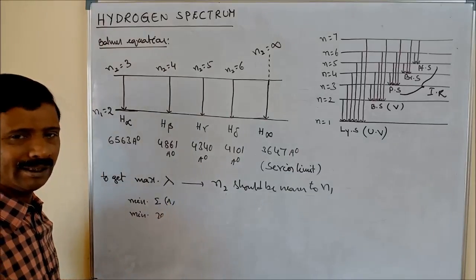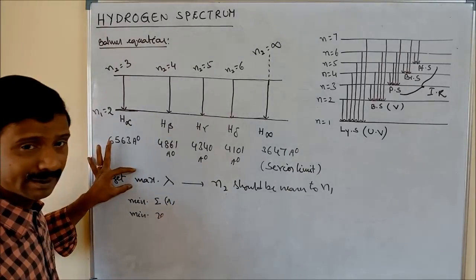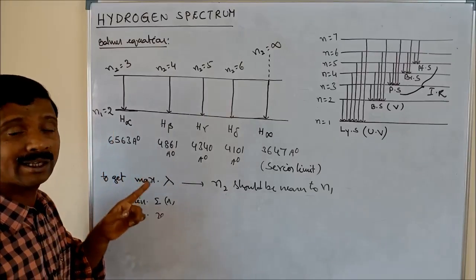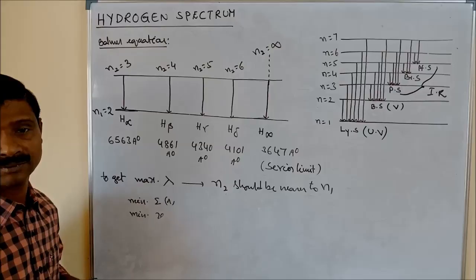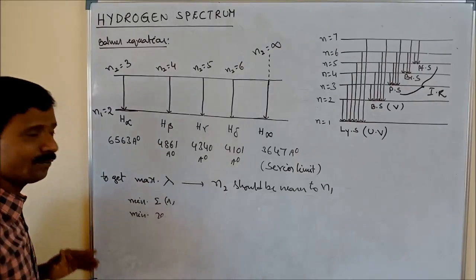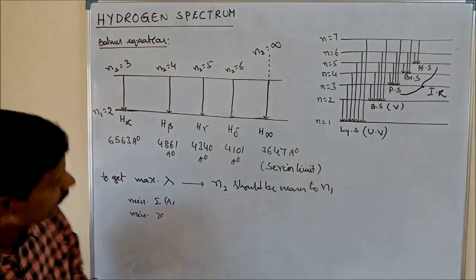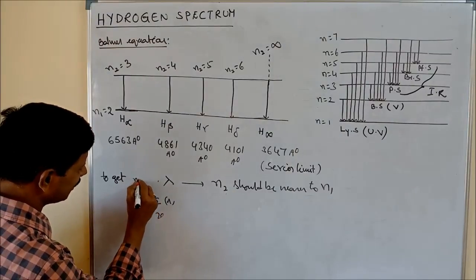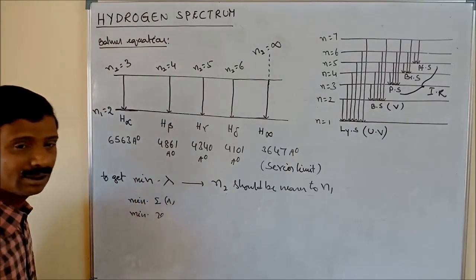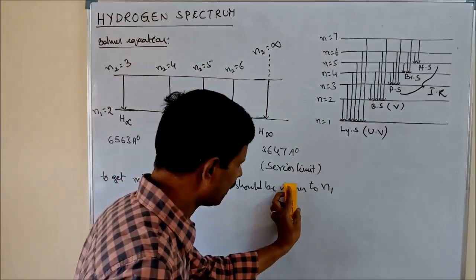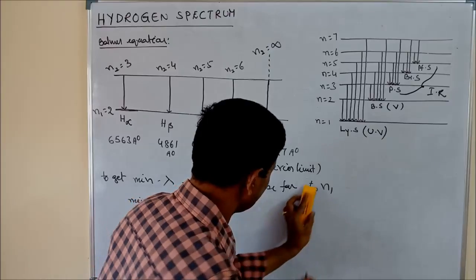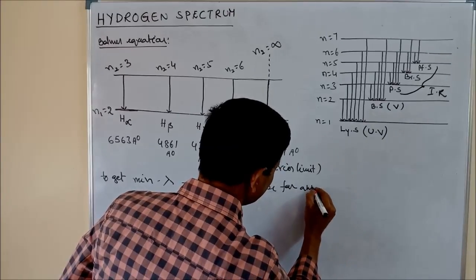So in a series, to get either maximum wavelength, or minimum energy and minimum frequency, N2 should be nearer to N1. Whereas, if you want to analyze the diagram, to get minimum wavelength, N2 should be far away from N1.